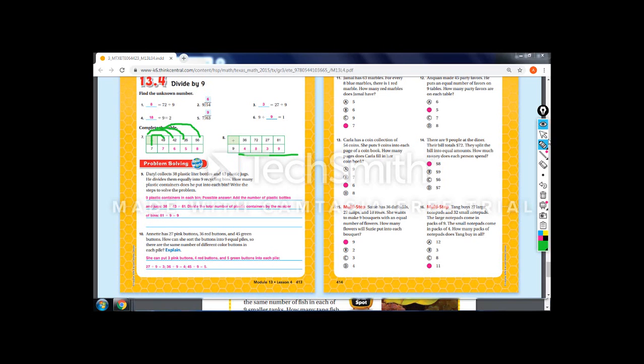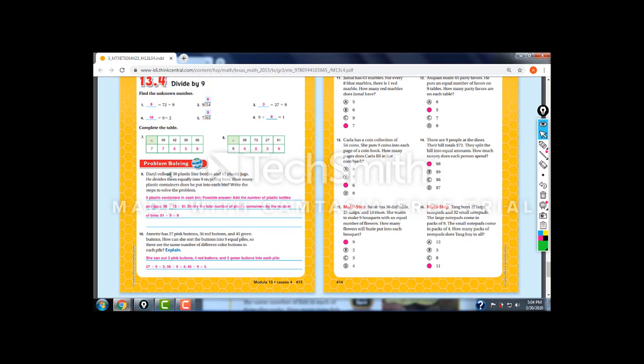Here are your answers. For the next one, you're telling me the steps it takes to solve the problem. So I have a possible answer here. Daryl collects 38 plastic liter bottles and 43 plastic jugs. He divides them equally into 9 recycling bins. How many plastic containers does he put in each bin? Write the steps. So what's the first thing he has to do?